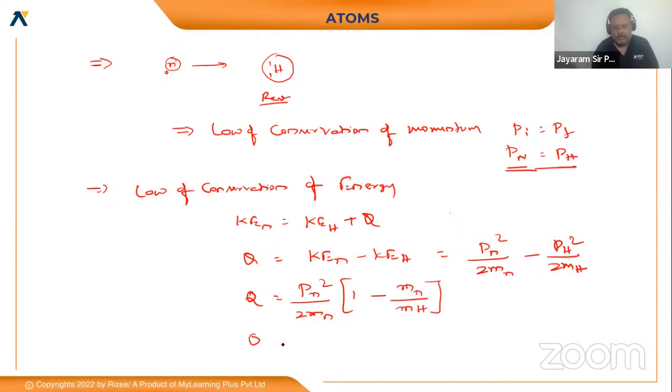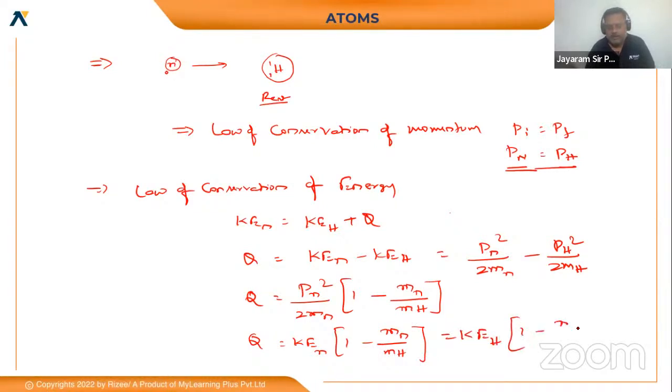Q is equal to kinetic energy of the neutron into 1 minus mass of the neutron by mass of the hydrogen. The same thing can also be equated to the kinetic energy of the hydrogen into 1 minus mass of the hydrogen by mass of the neutron. This can be used in different circumstances.